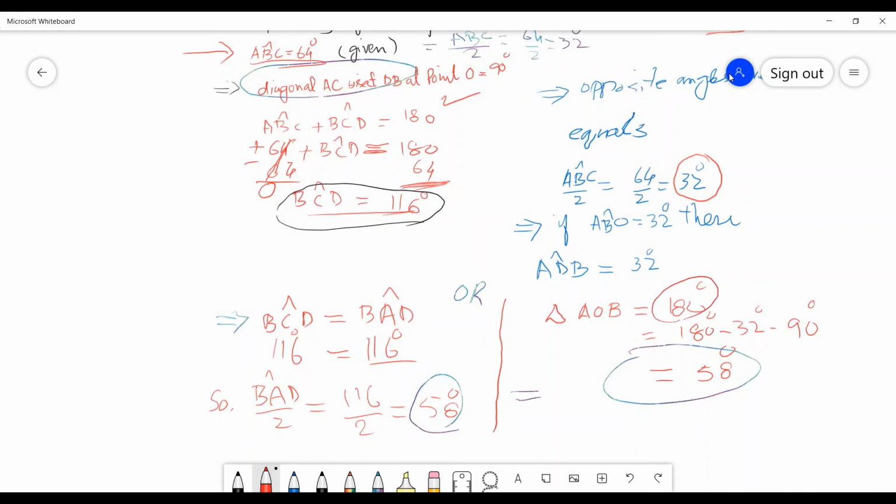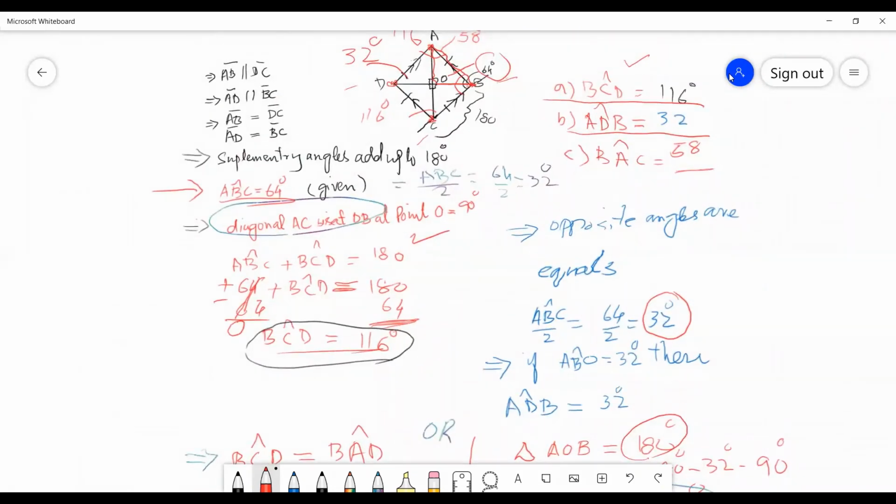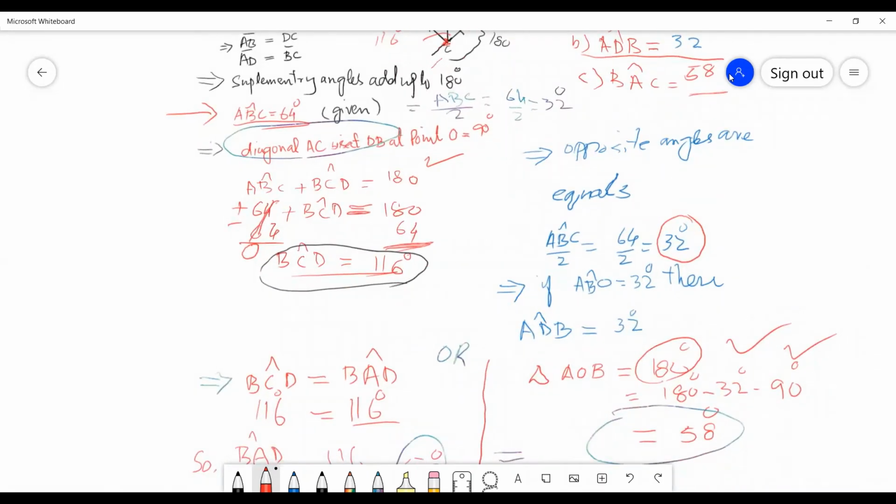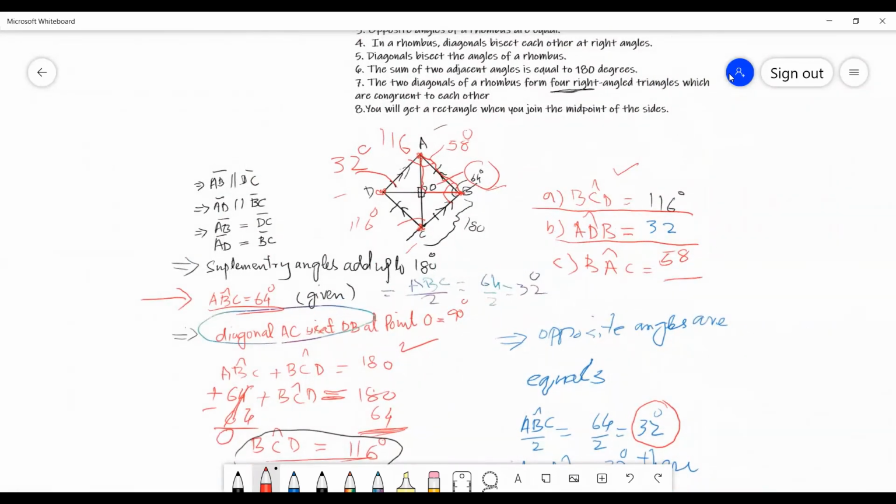So from 180, we subtract the right angle at point O, that is 90, and angle ABO, which is 32. Subtracting 90 and 32 from 180, the remaining angle is 58. That 58 is angle BAC, or angle BAO. So the answer of angle BAC is 58.